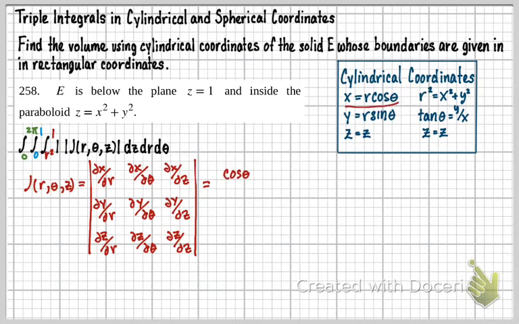And dx d theta is going to be negative r sine theta. And then dx dz, there's no z there, so that's all a constant, so it's 0.